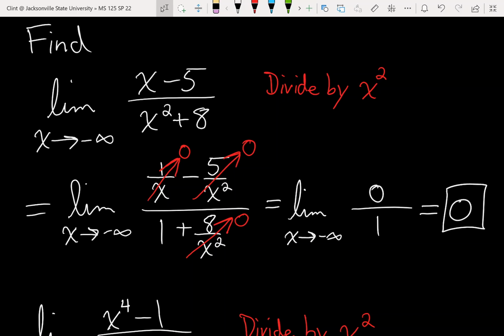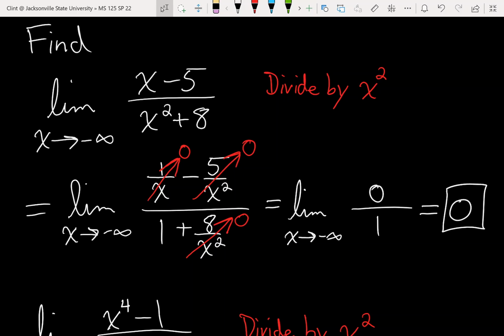And then the first one we did, where we got 0, what do you notice about the degrees on that one? The degree of the bottom is bigger than the degree of the top. And if you think about that, we can make it make sense that we're going to get 0, because we're going to have some number on the top divided by some really big number on the bottom.